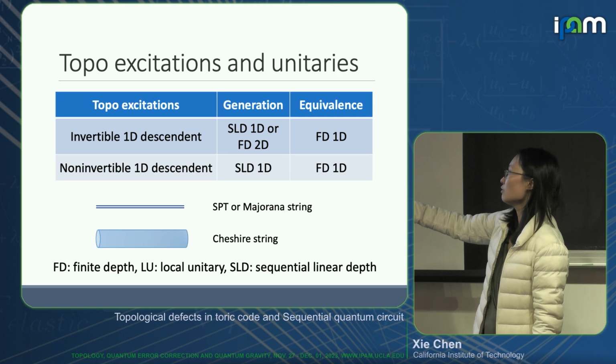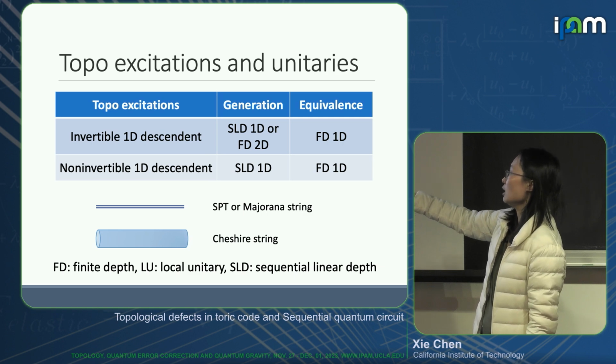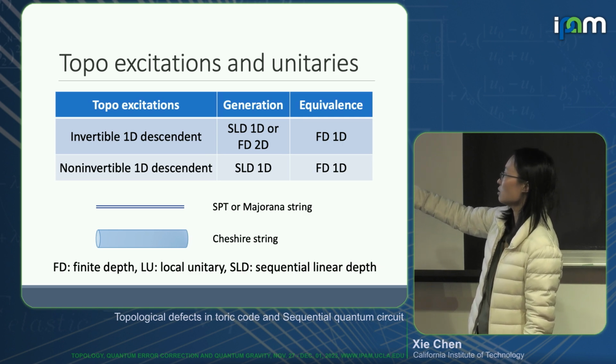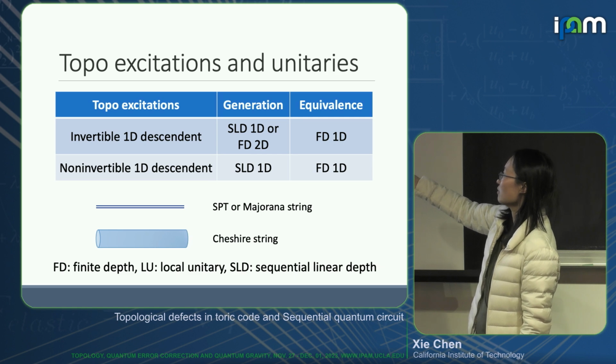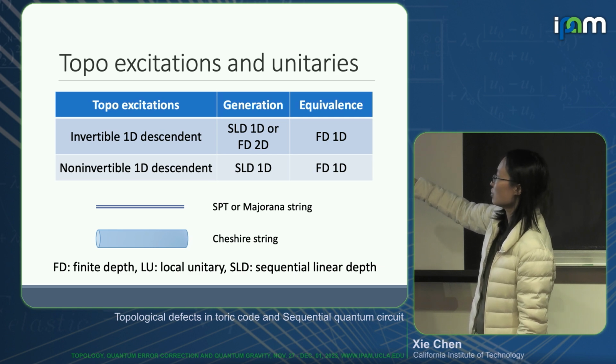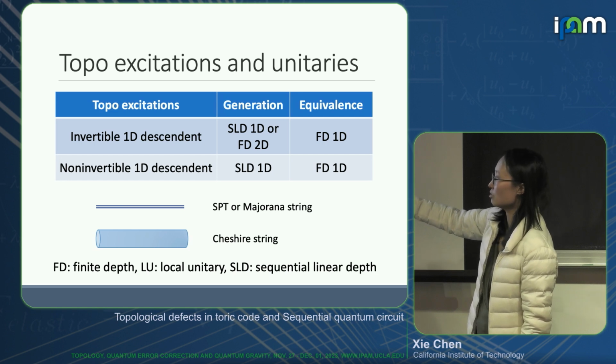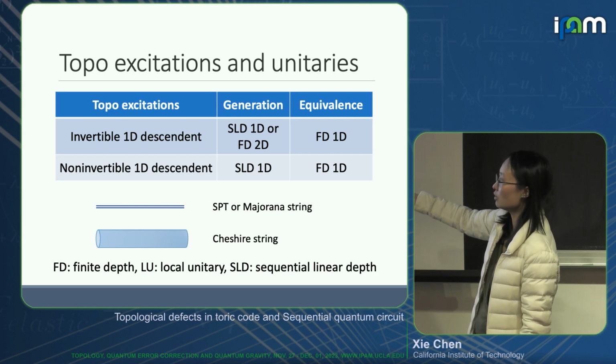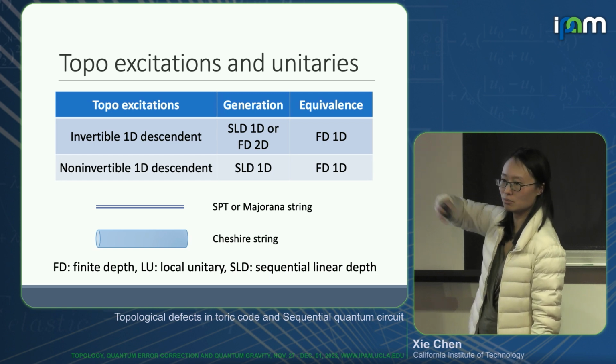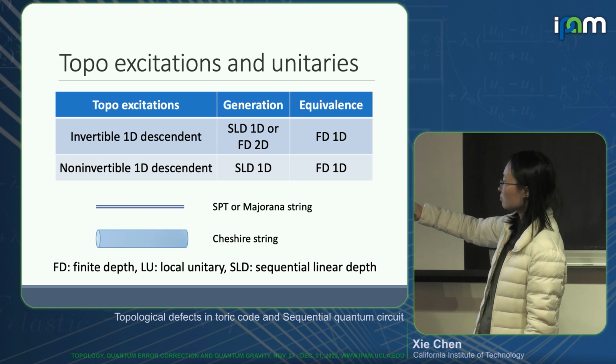And for these non-invertible descendant defects, they are generated with a sequential linear depth 1D circuit. That's the thing I showed you. And their equivalence is given by finite depth 1D circuit. And then for some other kinds of defects that are associated with some invertible defect, for example, some SPT defect, or in fermion systems, we can have Majorana defects.